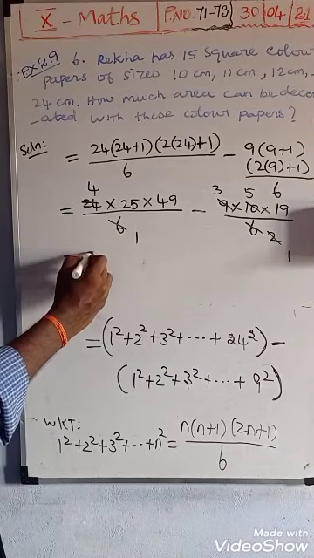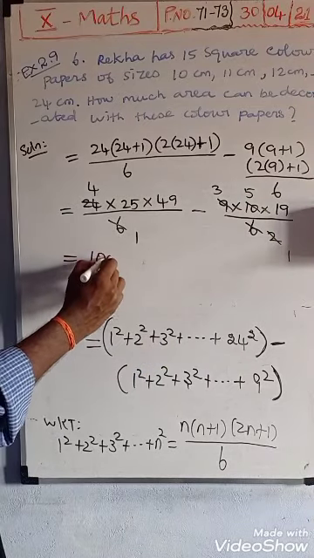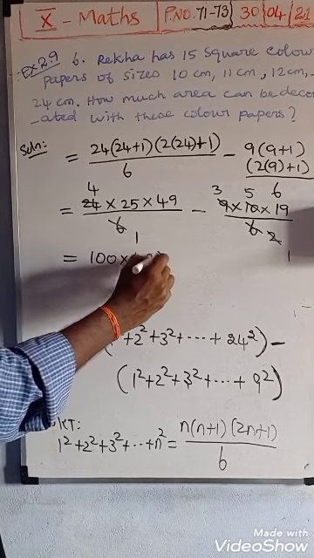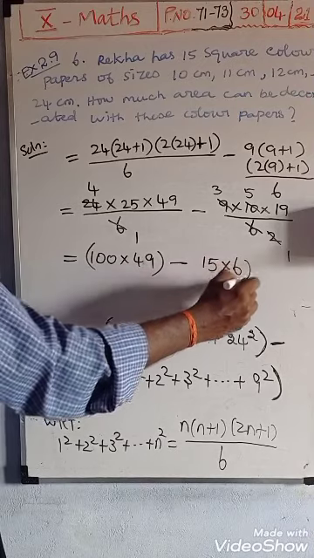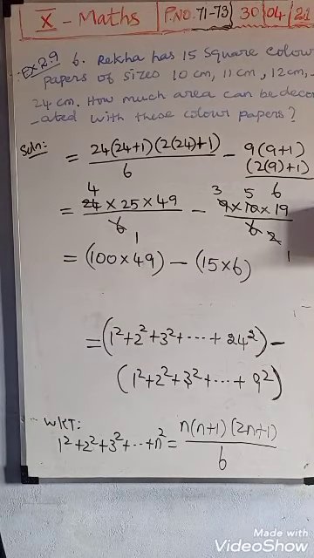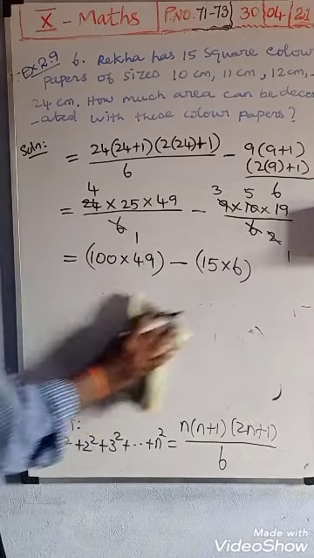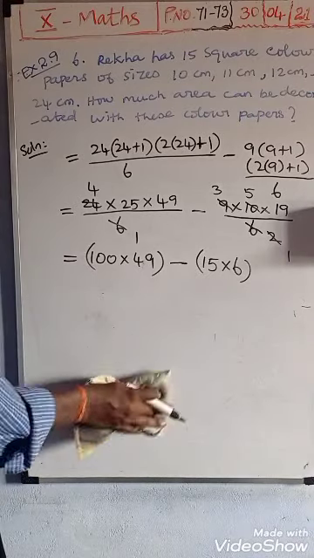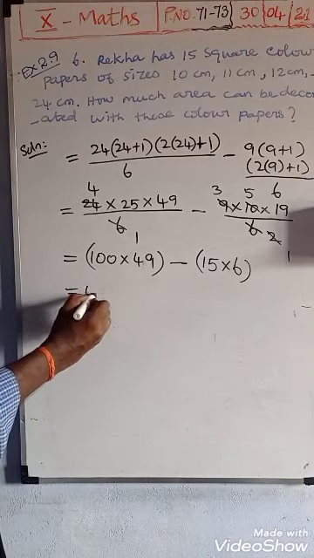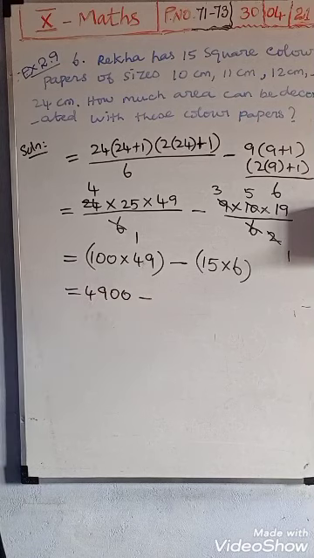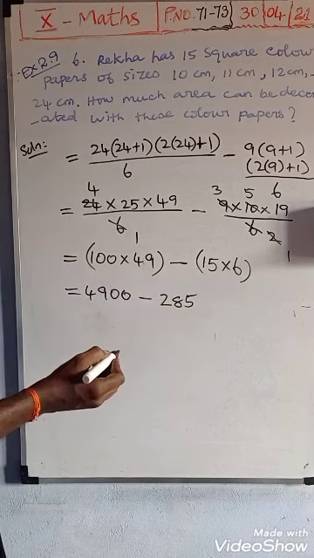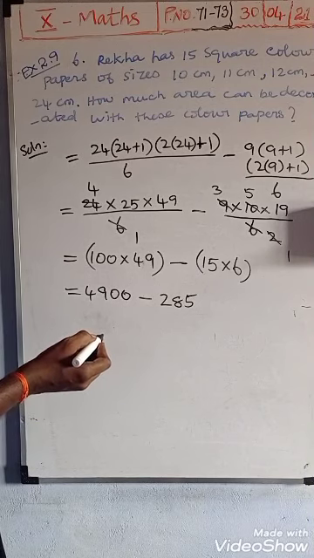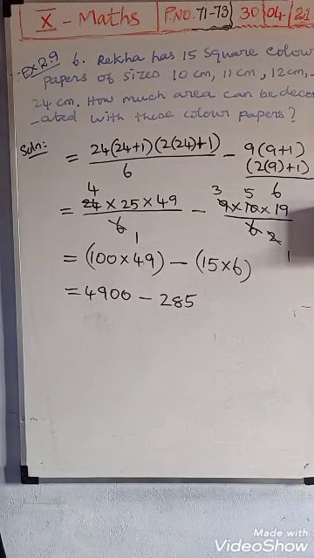So remaining here is 4 into 25, 100. 100 into 49 minus, 3 5s are 15, 15 into 19. Now you should multiply and subtract, and we will receive the answer. So 4900 minus 285. Okay, so see the next step.